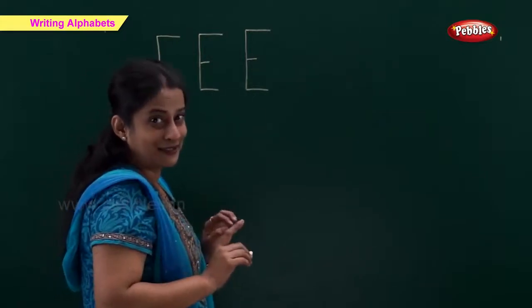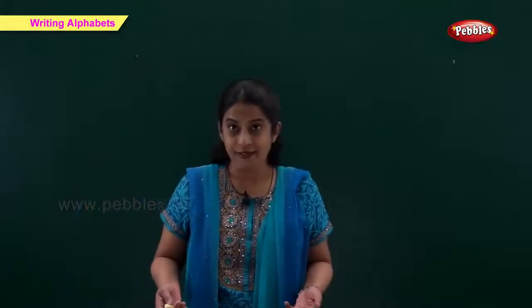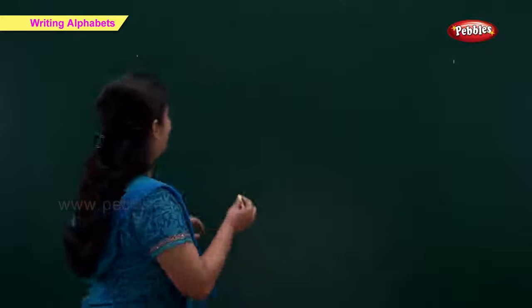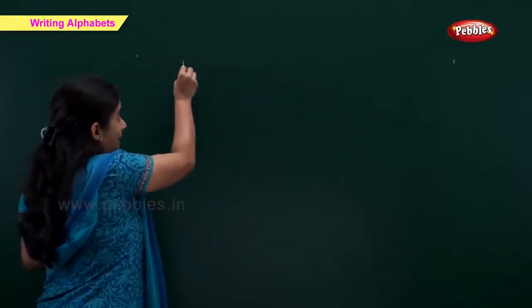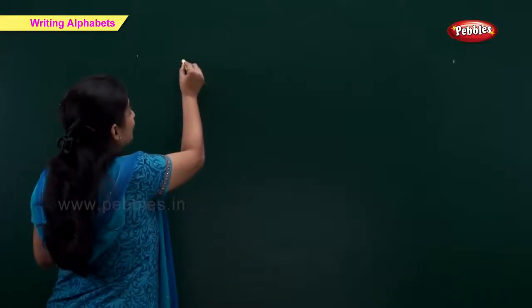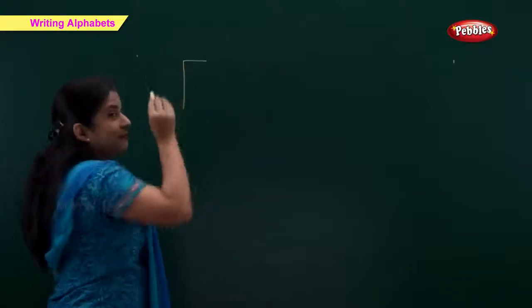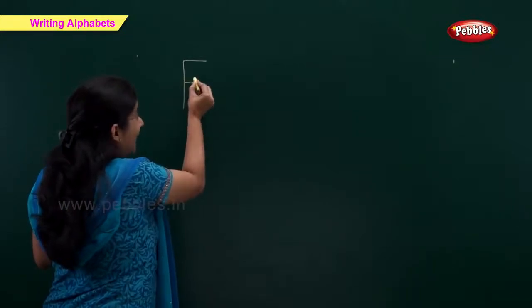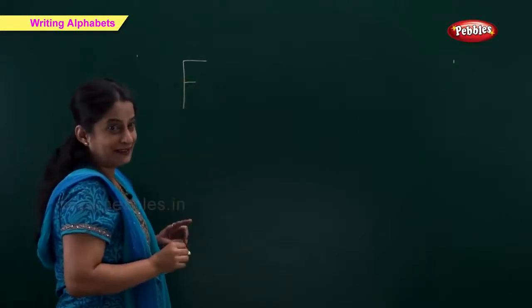Isn't it simple? Now we will write alphabet F. One standing line, one big sleeping line, and a small sleeping line.